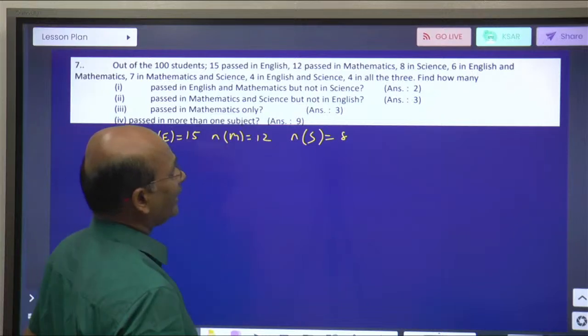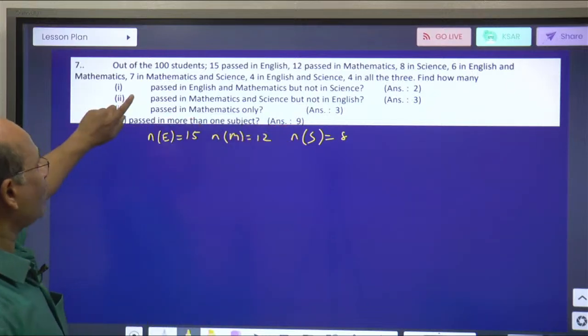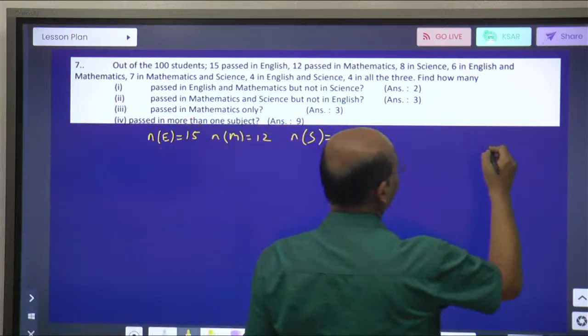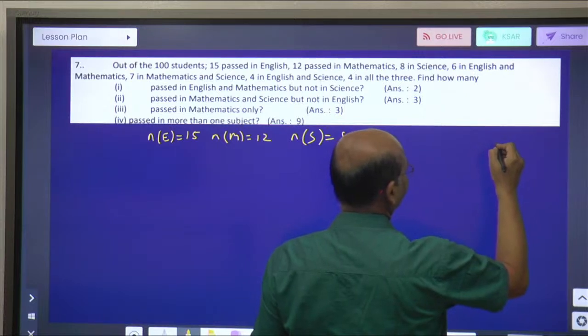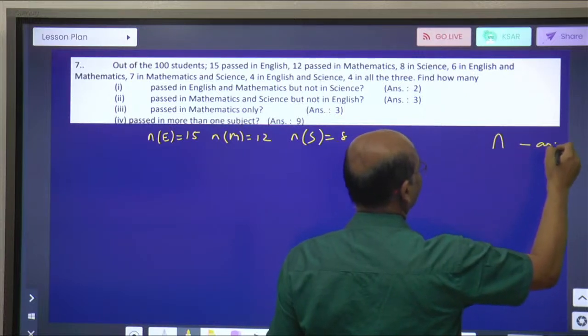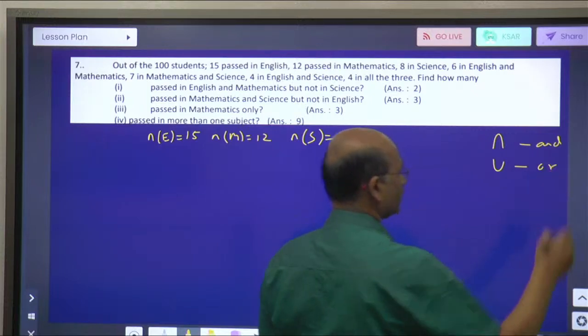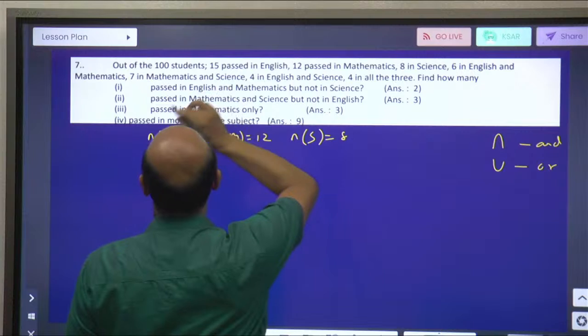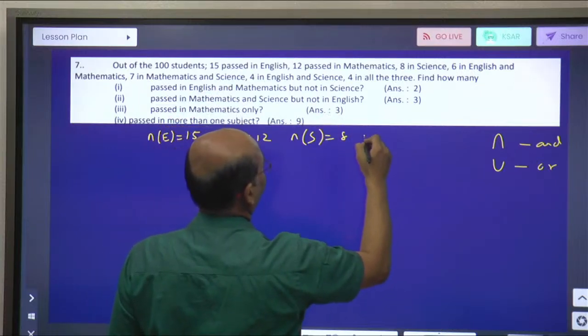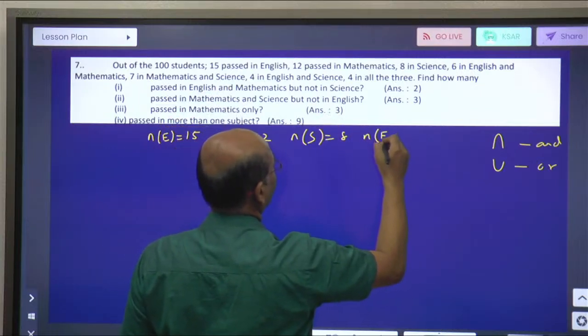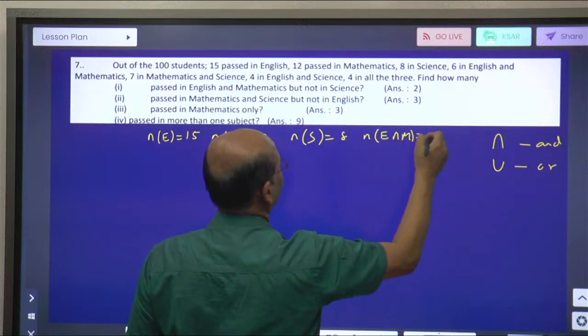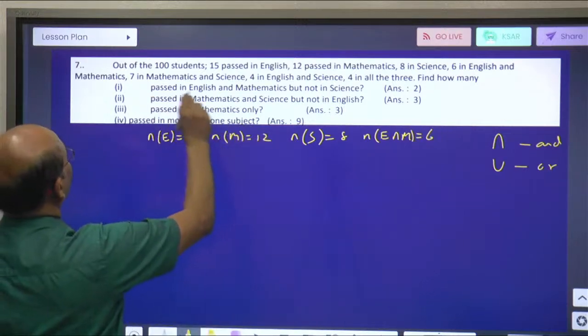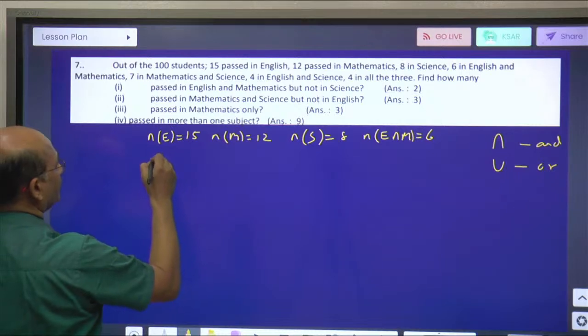Then they are telling 6 in English and. Remember one thing, this means 'and' and this means 'or'. Keep that in mind, always. So 6 in English and mathematics. So N of English and maths is 6. Then 7 in maths and science.